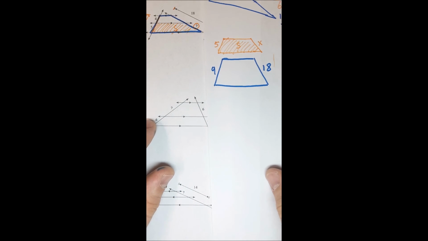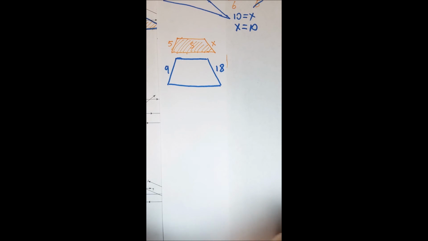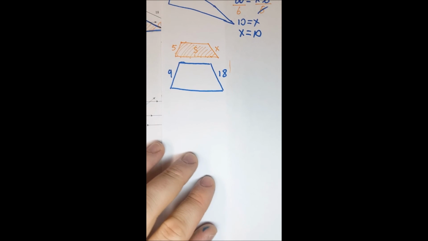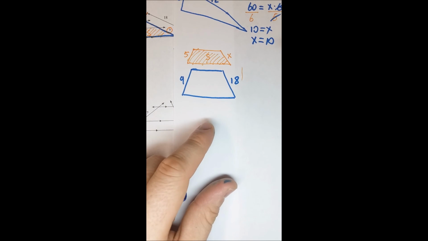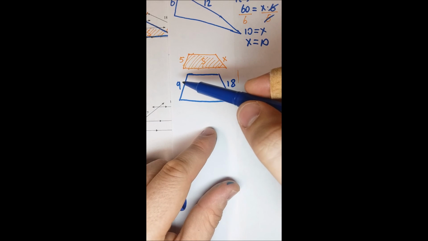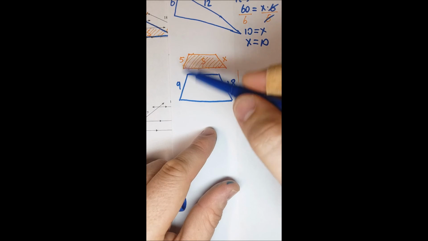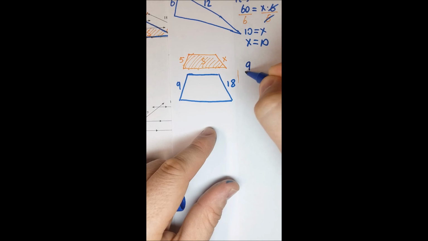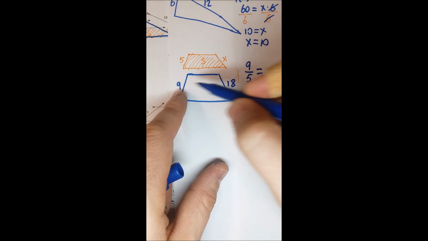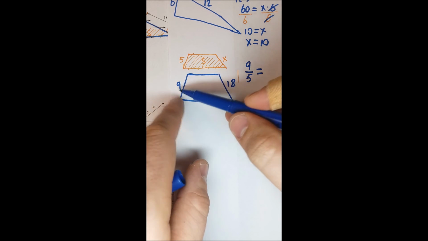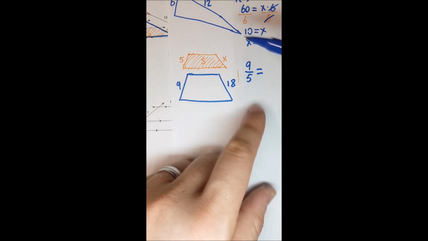So now I'm going to create another proportion right here. Again, any way you want. I can go 9 divided by 5 this time. 9 over 5 equals, again, if I start from the larger one, I'm going to have to continue. 9 to 5 is the same thing as 18 to x.